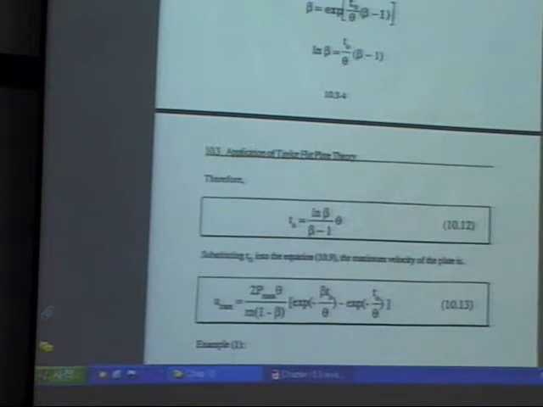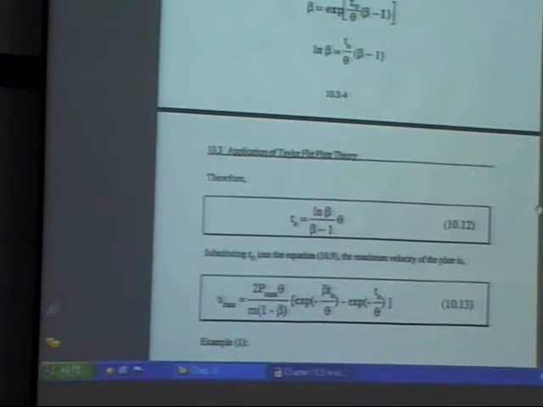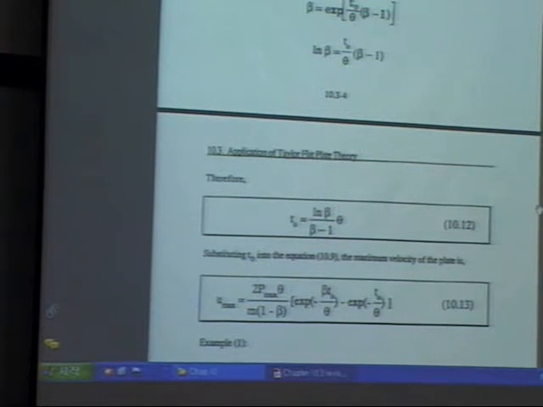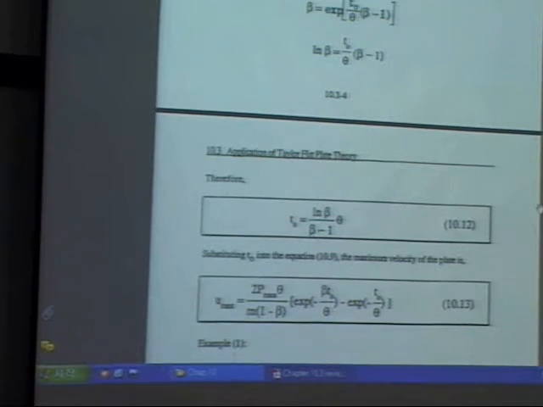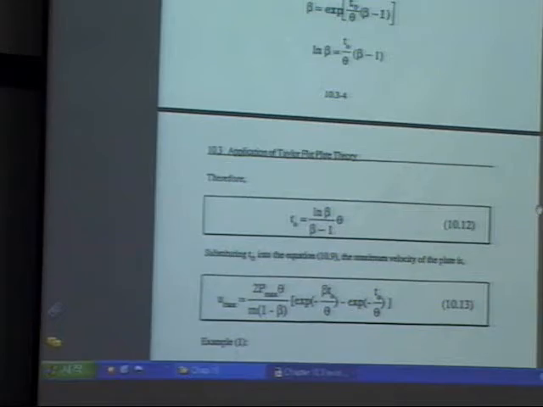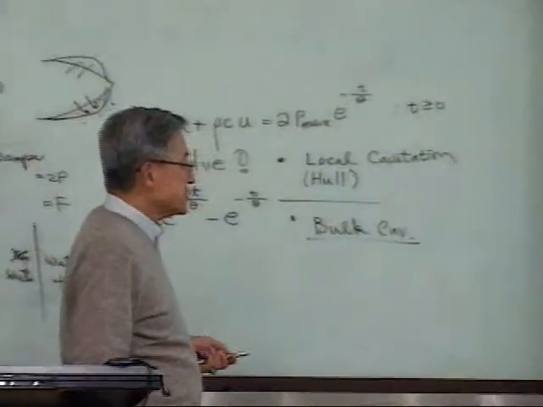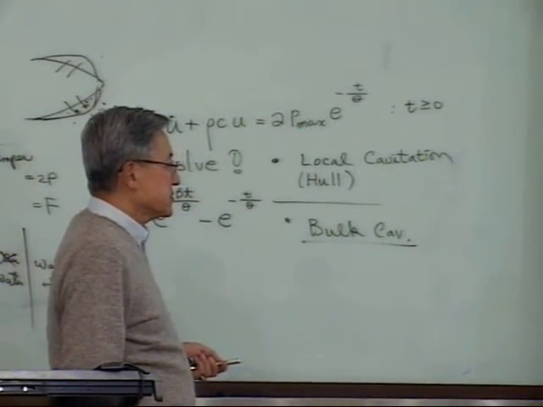Then after you get the t naught, put the value of t naught back into the expression for U. Then that U is the maximum velocity, that's what it shows here.